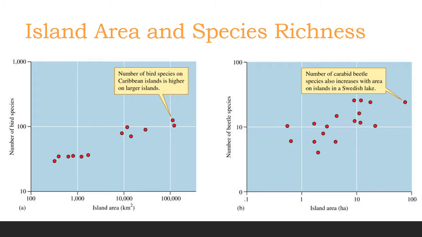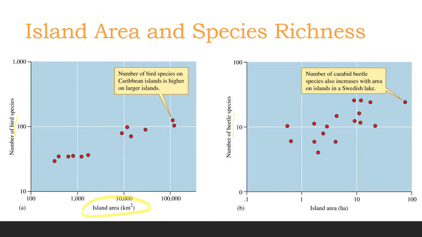I went over these graphs in the other video on species area curves, and as you can see, on the y-axis on both of these, the dependent variable is the number of species. The graph on the left shows the number of bird species, and the one on the right the number of beetle species found on different sizes of islands.